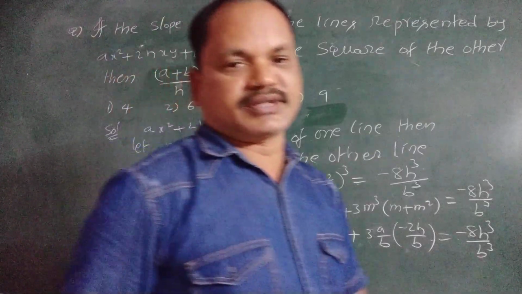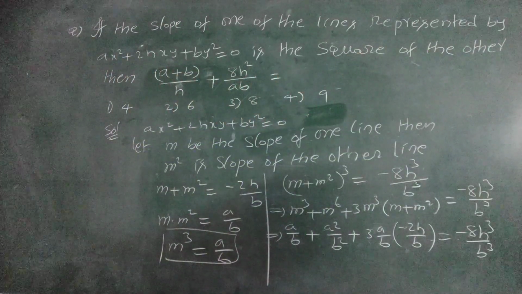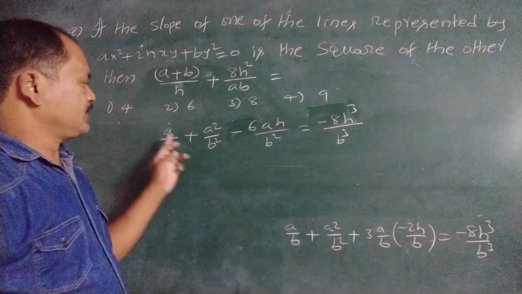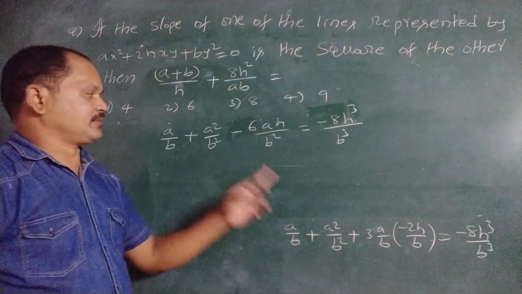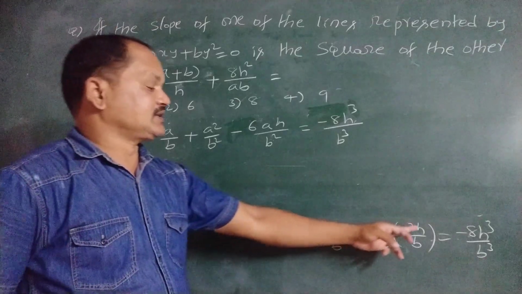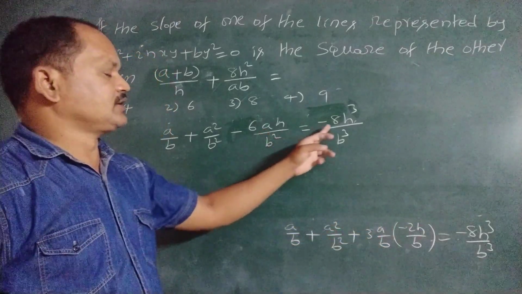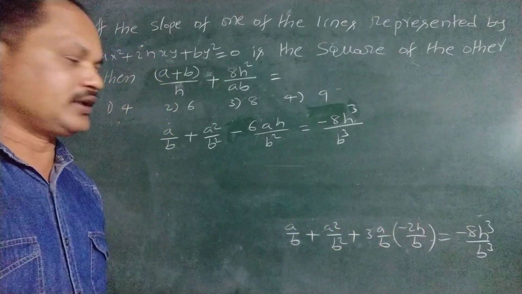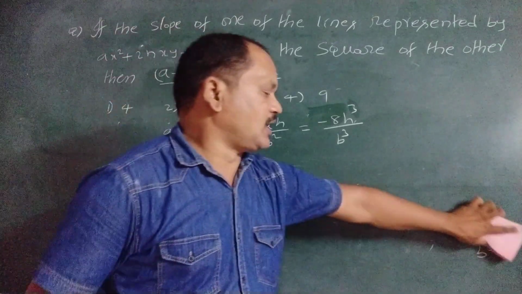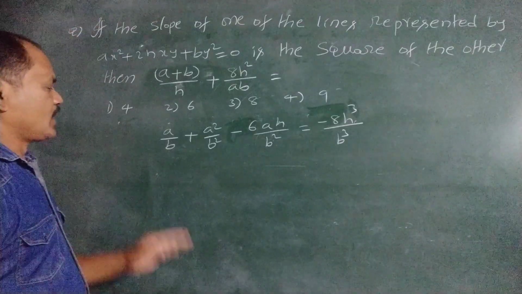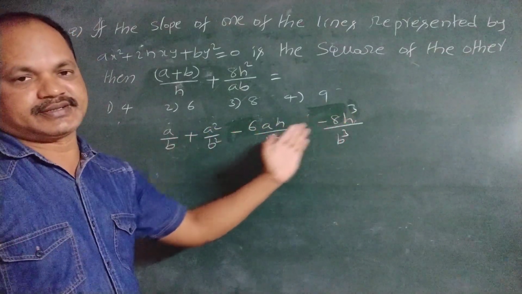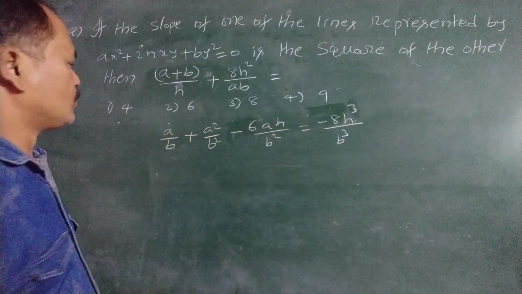Now observe, here a by b plus a square by b square minus 6ah by b square is equal to minus 8h cube by b cube. Okay. Now we have to multiply by b cube on both sides.